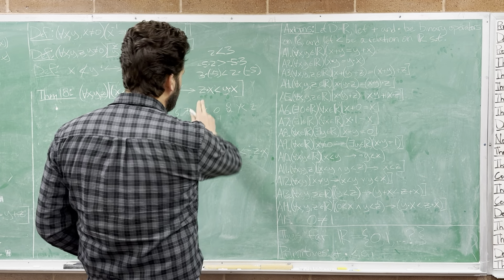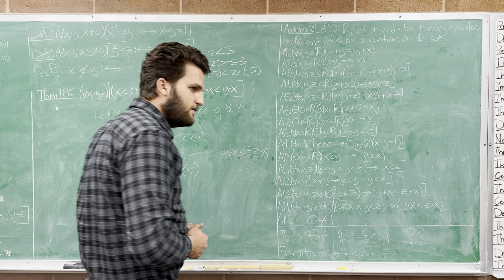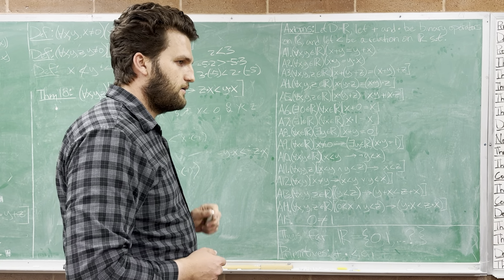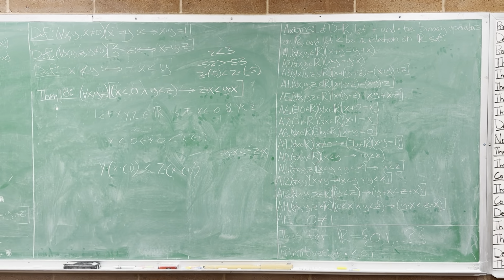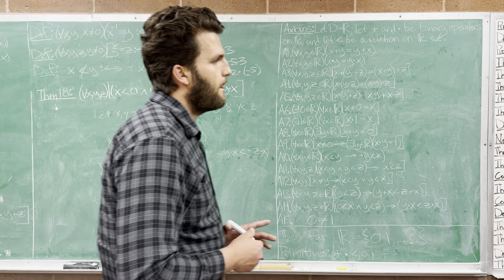So I would need to times it by negative 1. We don't know that we can do that. We can't times both by negative 1? We only know that we can multiply both sides by a positive number, or we can add the same thing to both sides. The other thing we know are the theorems we already proved.